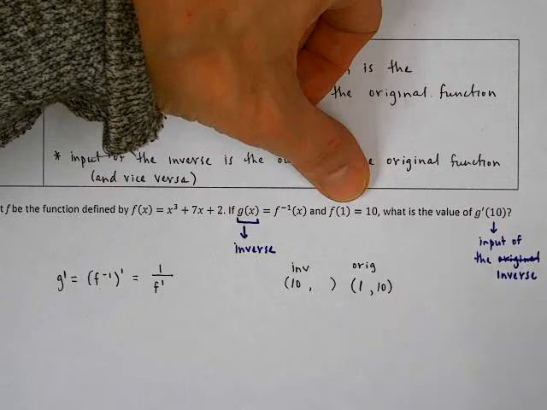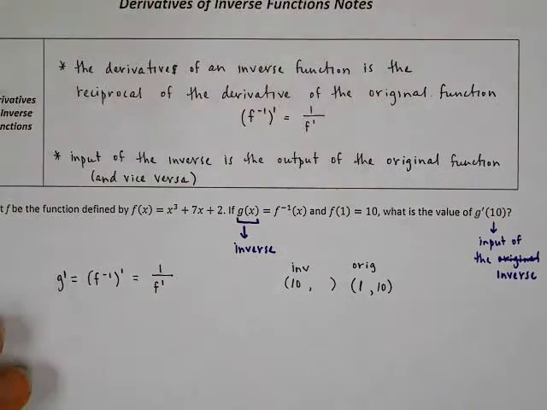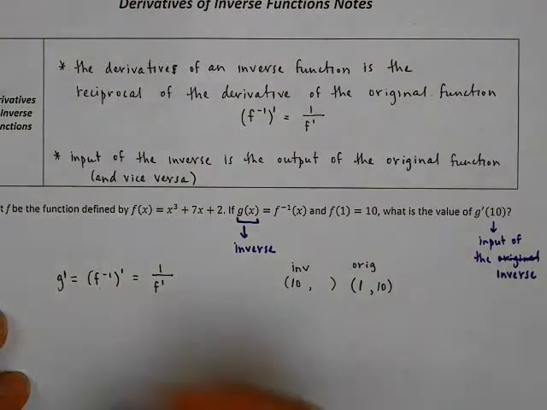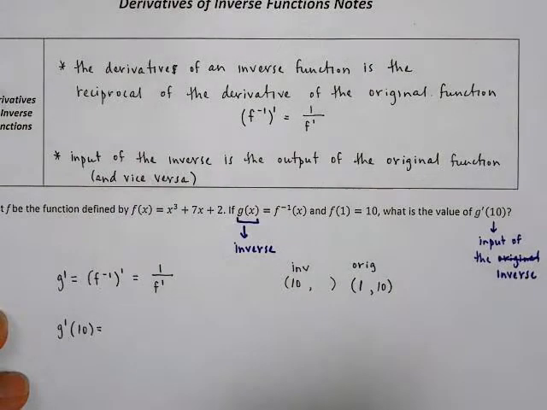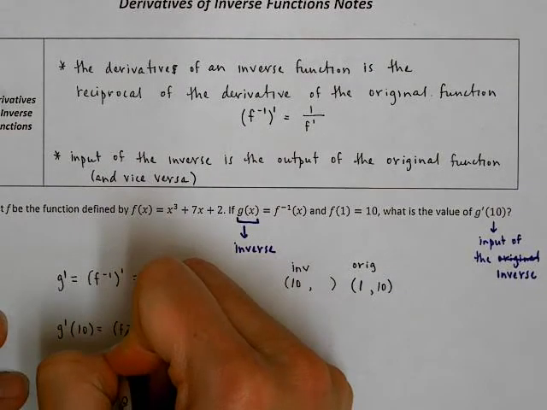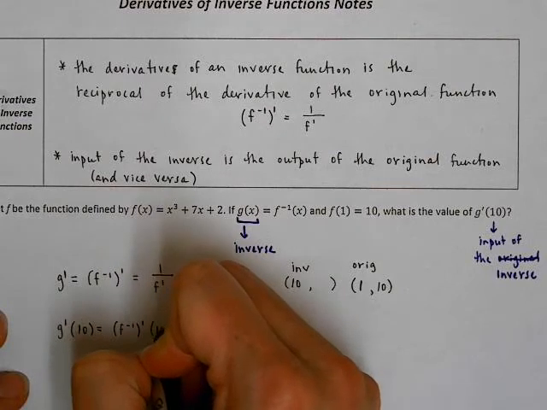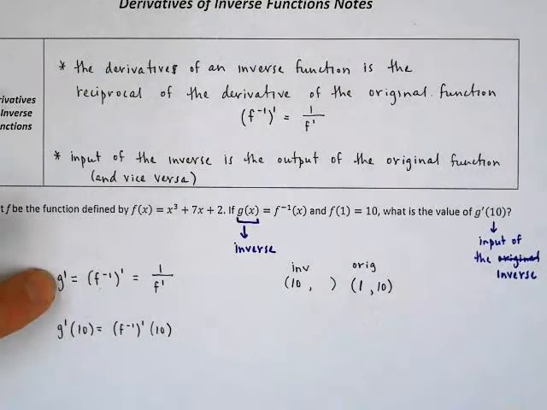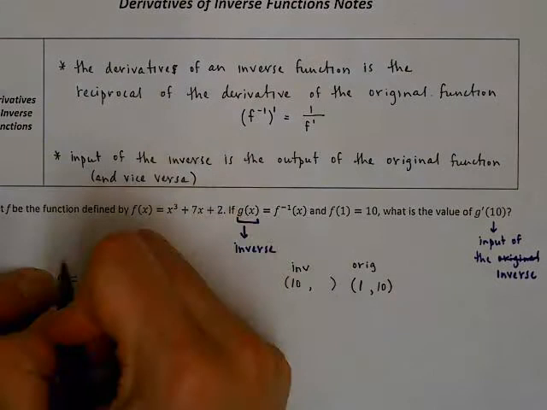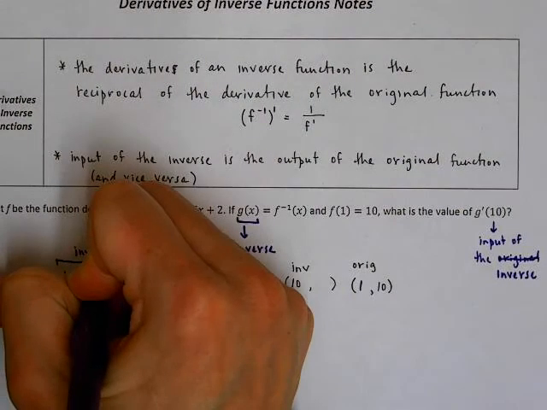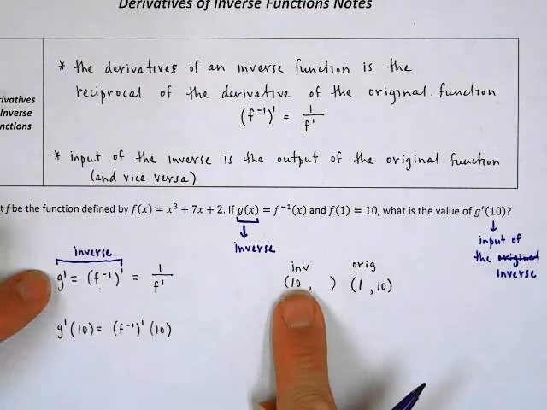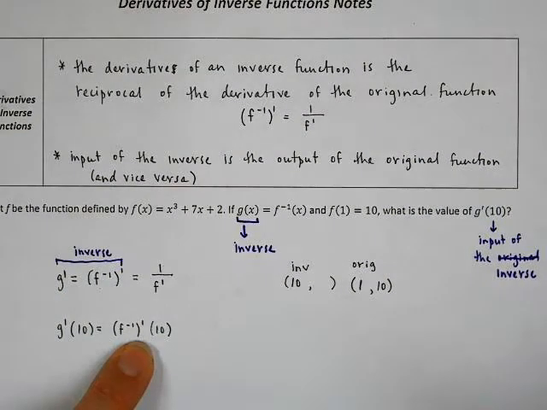Now that I know that, here's what I can do. I know that g prime of 10 is equal to f inverse prime of 10, right? Because these two are my inverse functions, so they use the input of the inverse.